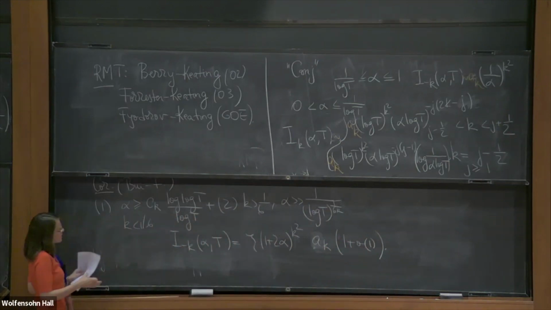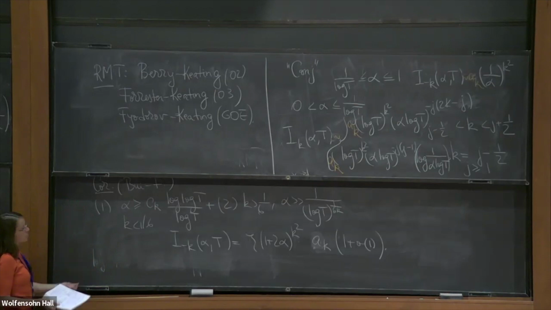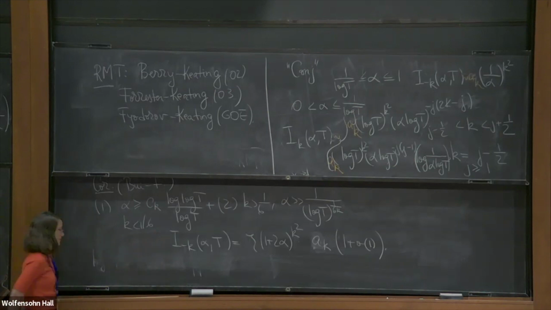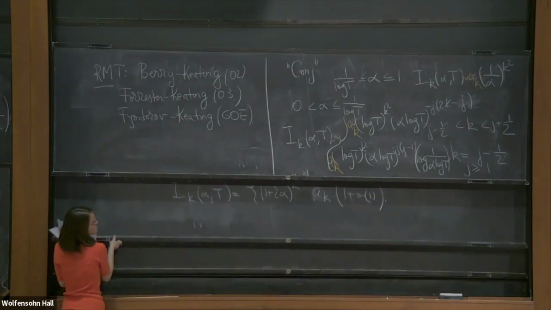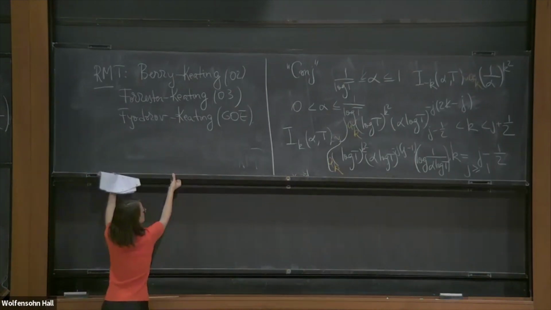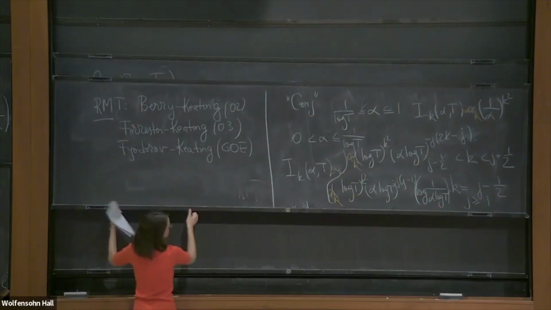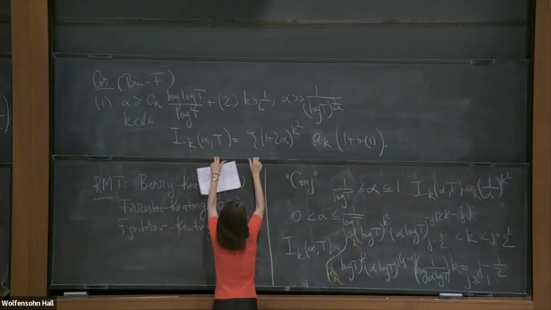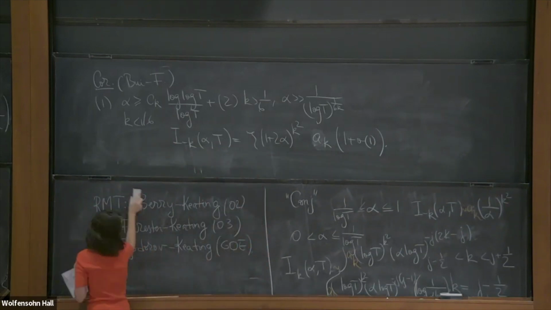So it happens many times that once you have an upper bound, or a sharp upper bound, or close to sharp upper bound, then you can actually refine it to get an asymptotic formula. So this is what we do here. Any questions?